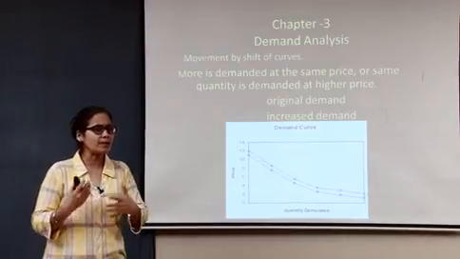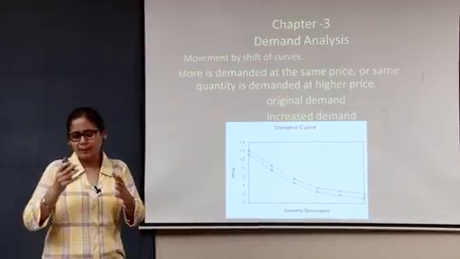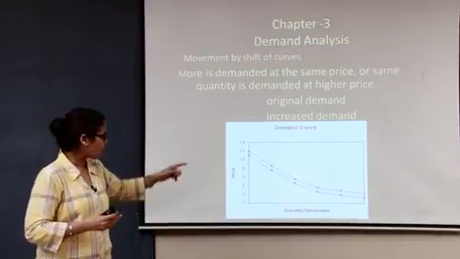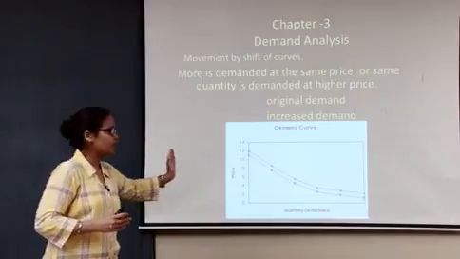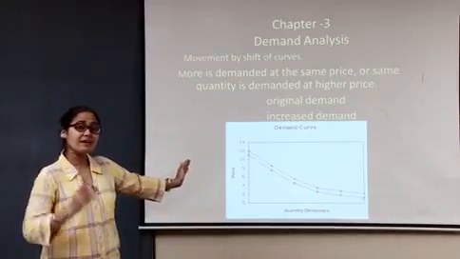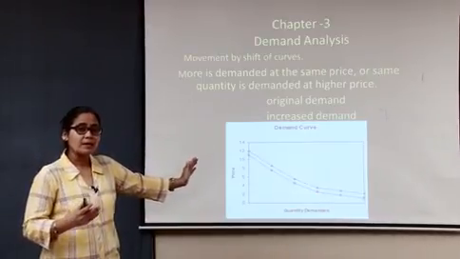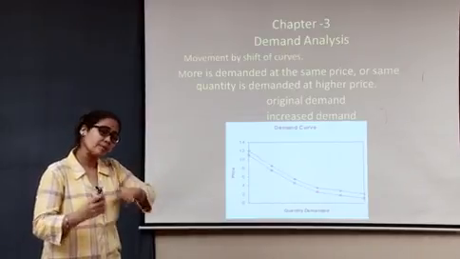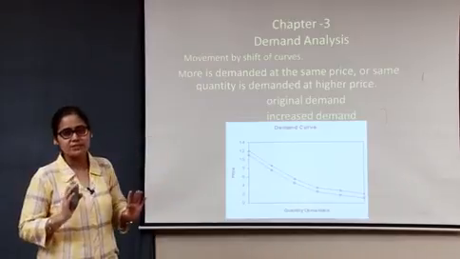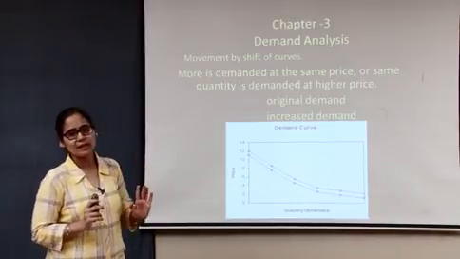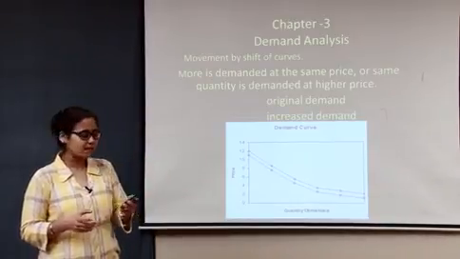Something or the other is happening in Indigo Airlines, maybe with the staff. So what will happen? The bookings for Indigo Airlines shift to the left. It's not that they have raised the price, but people are not booking tickets on Indigo Airlines because of some other factor like quality and services. So the diagram will shift to the left and we say it is a decrease of demand.